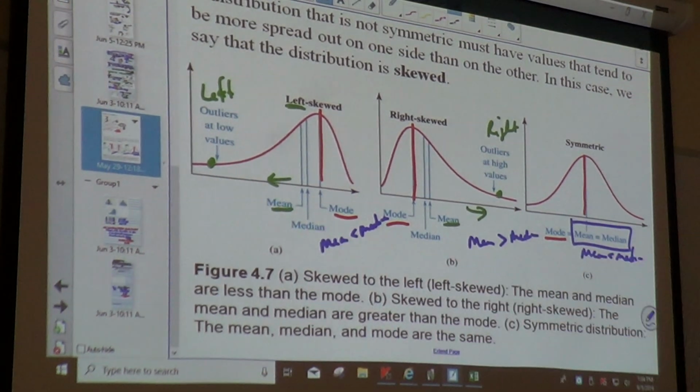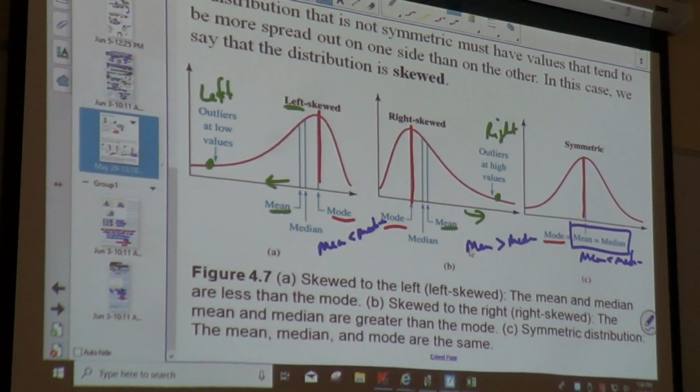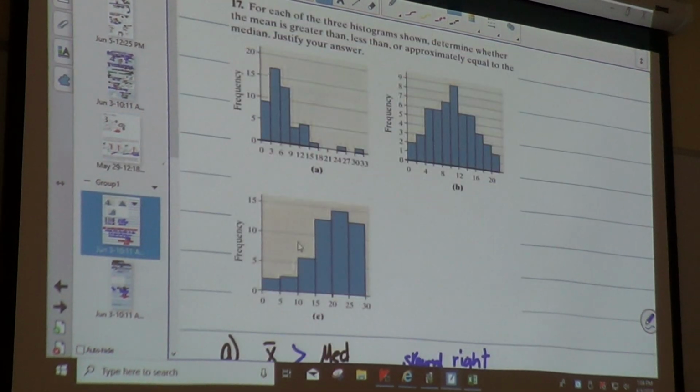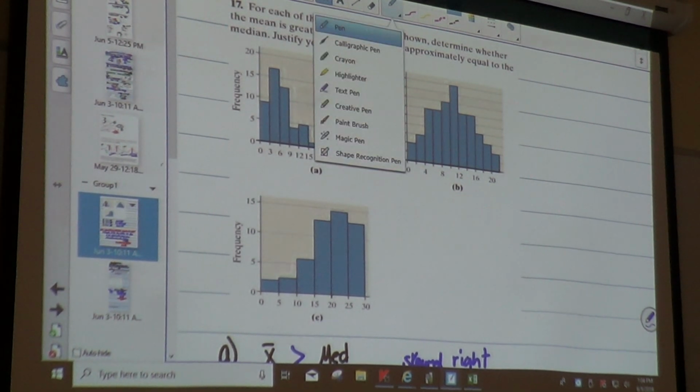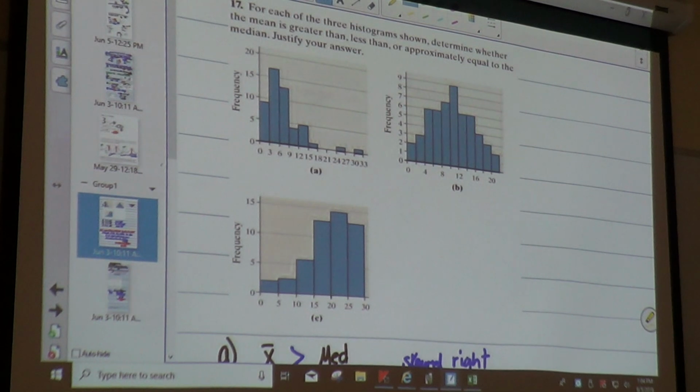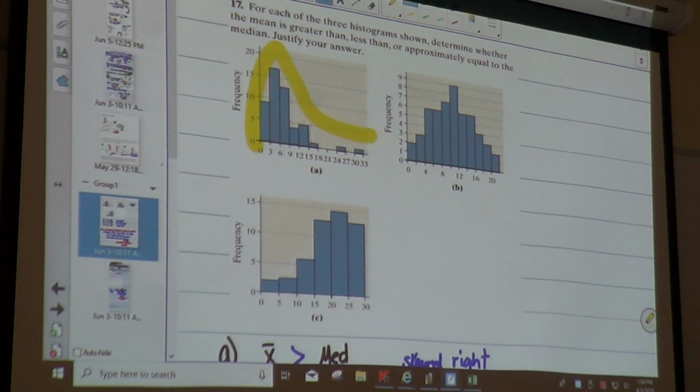Now, they want us to use this on these next pictures, and the next pictures have a little more going on. So, for this first one, what kind of skewness is it? Okay. So, we have right skewed. So, tell me about the mean and the median.